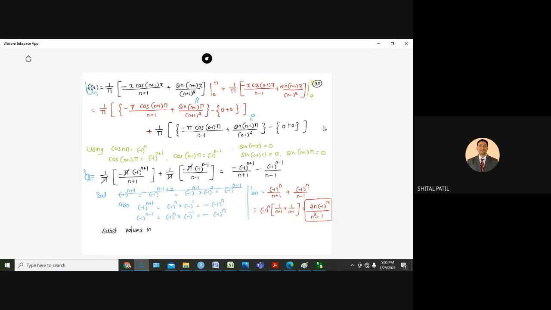Substituting values in 1. 1 was like this.